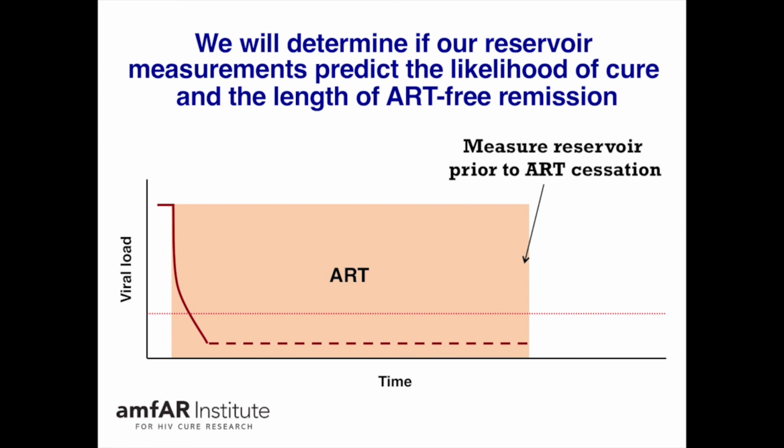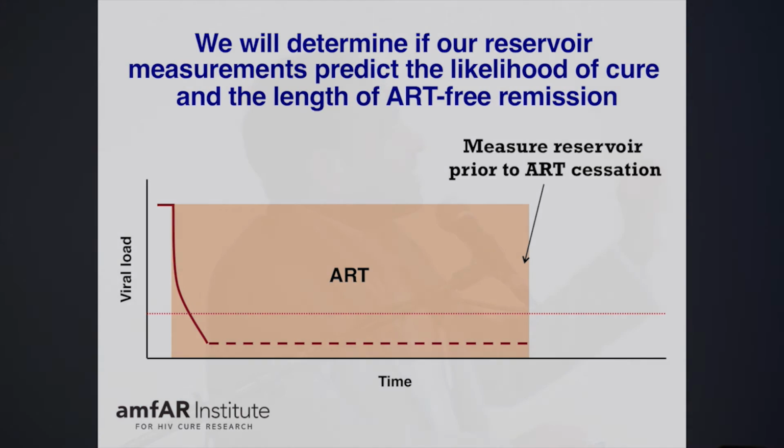We want to measure the latent reservoir using one or several of these tools right before antiretroviral therapy. And we want to see if the measurements that we take will allow us to determine whether it makes sense to stop antiretroviral therapy and whether the patient is likely to experience a very extended remission period in the absence of antiretroviral therapy.